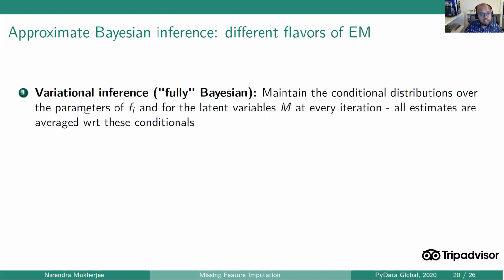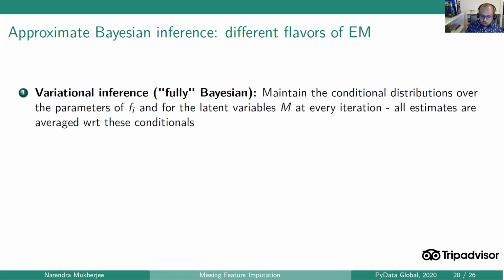Firstly, we could be doing variational inference, which I'm calling fully Bayesian here, because in variational inference we are maintaining probability distributions over the parameters of the F_i, as well as probability distributions over the latent variables M at every iteration. And then we average all estimates of interest with respect to these conditional probability distributions. So that's what variational inference does.